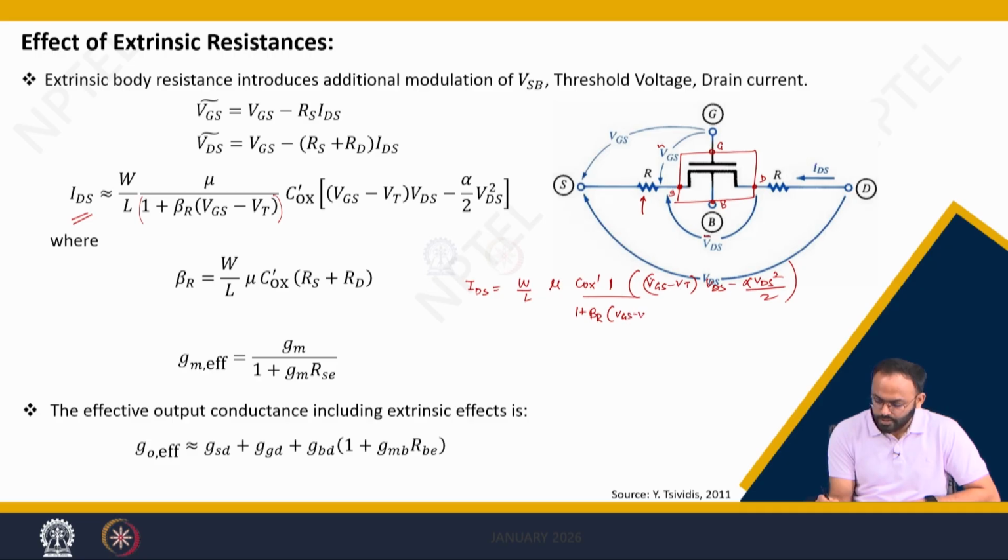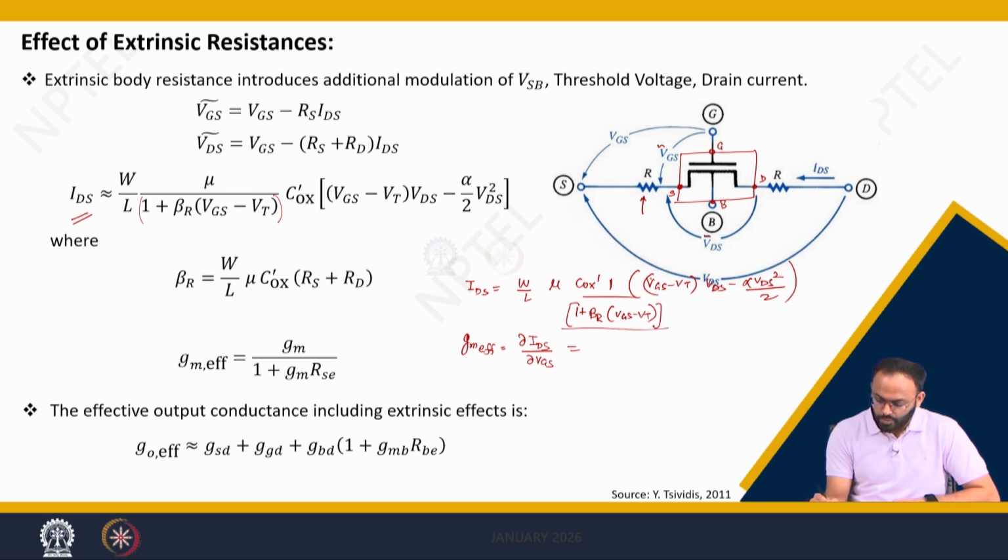VGS minus VT. Now, when you calculate the transconductance or the output conductance, this factor will also come into the picture. That is the correction factor. It means when you take the derivative of this current, you should take care of these parameters, or the second order effects we discussed in our previous lectures. So, if you calculate Gm, there will be Gm effective, which is delta Ids divided by delta Vgs.